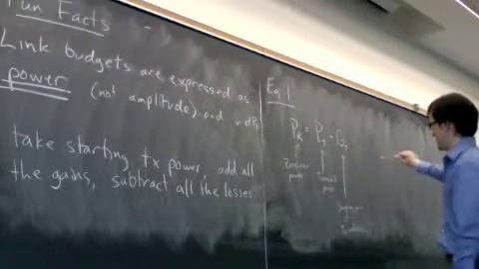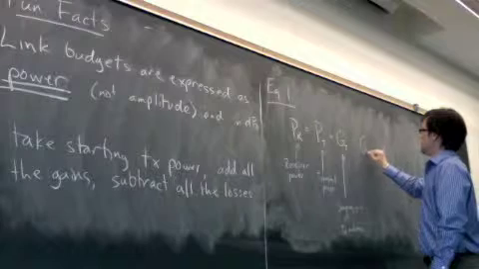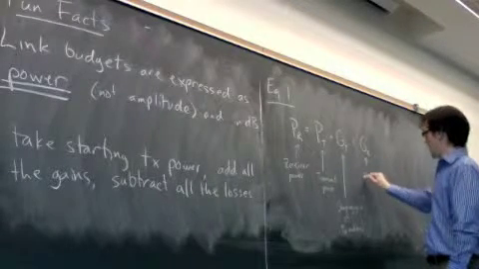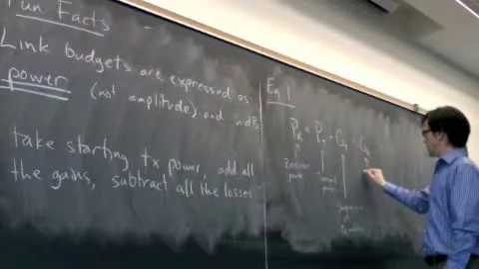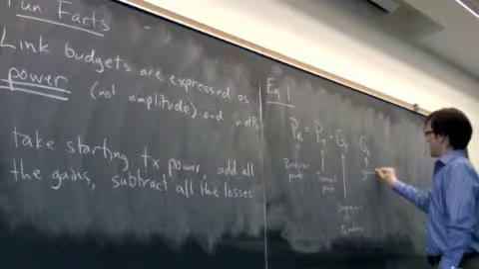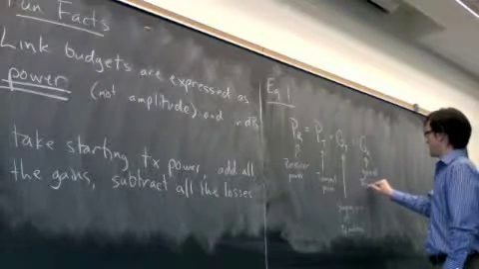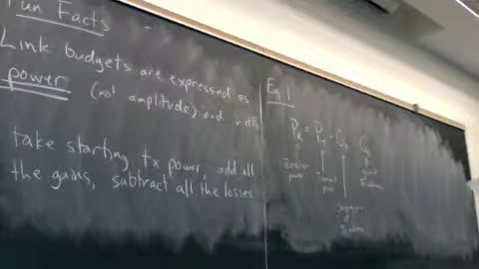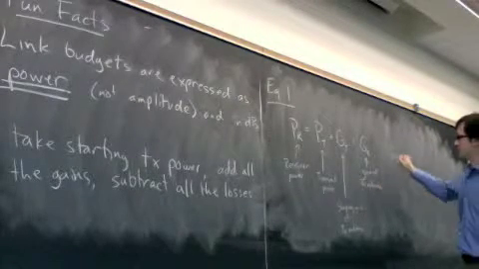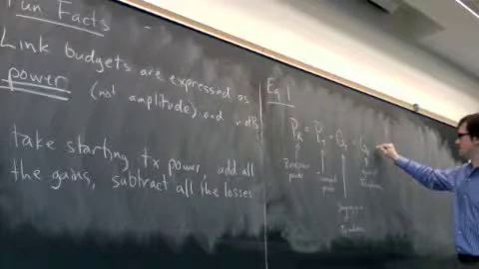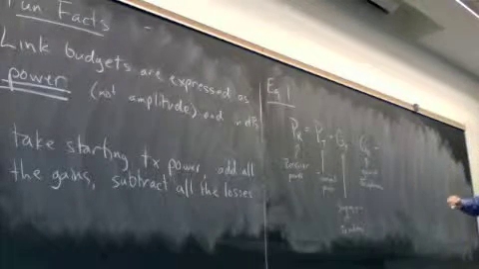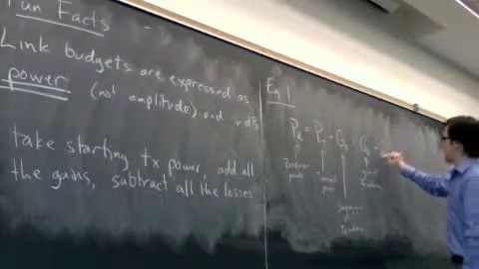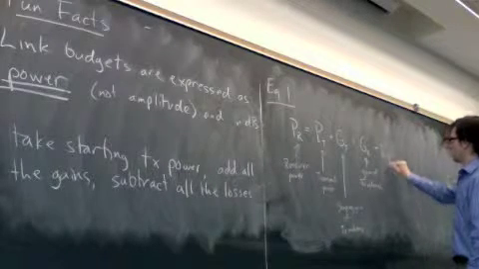Similarly, there's such a gain at the receiver. GR is the receiver antenna. And now we start with, those are the only significant gains in this model. We'll subtract LP, which is path loss.